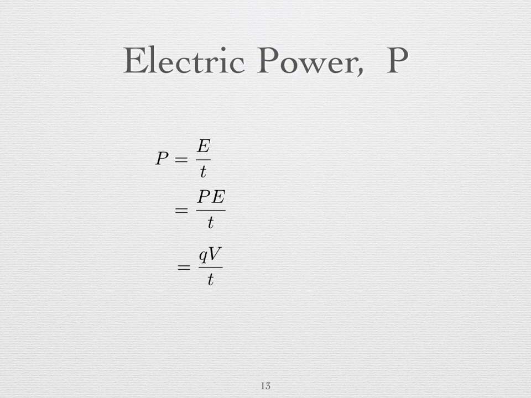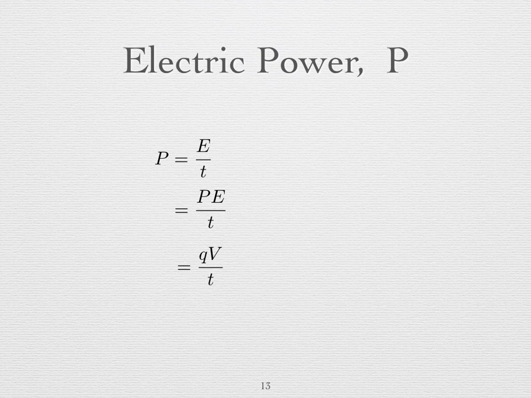As we learned in electrostatics, electric potential energy is simply the charge times the potential difference, Q times V. So V is the potential difference, but in the context of circuits, we also call this potential difference voltage. So this V is the voltage in the circuit as well.